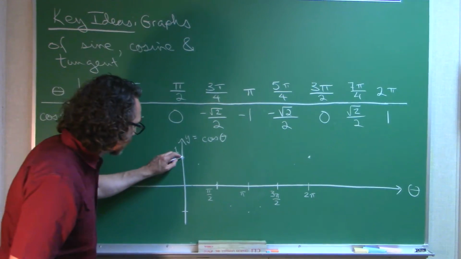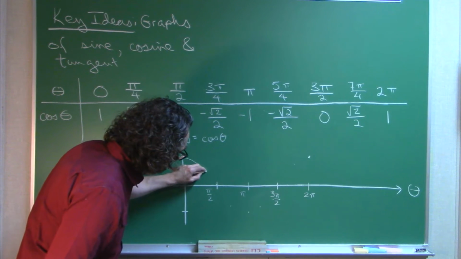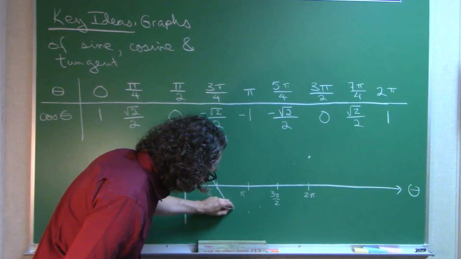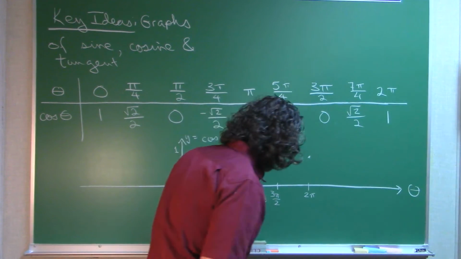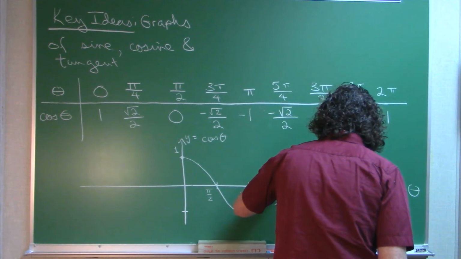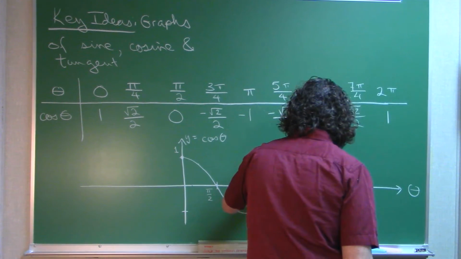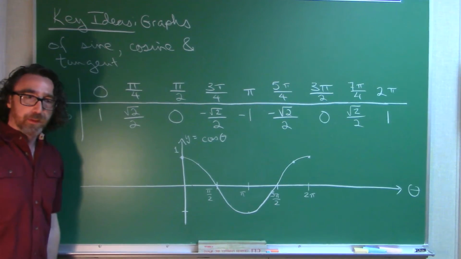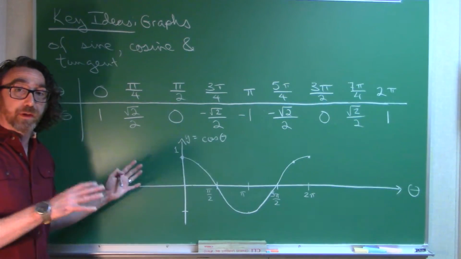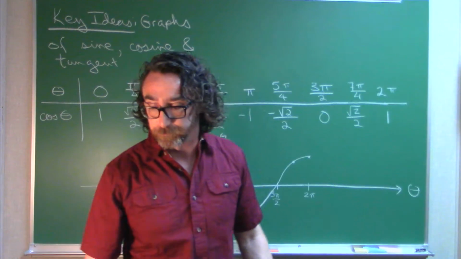In this section, my cosine value is dropping, continues to drop, bottoms out here at negative 1, we're back up to 0, and then we're up like that. So that is part of the graph of y equals cosine theta.